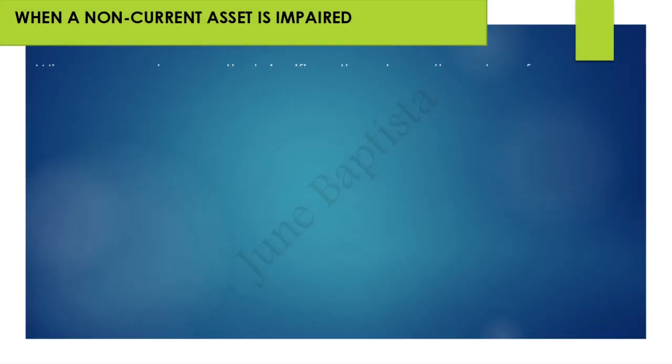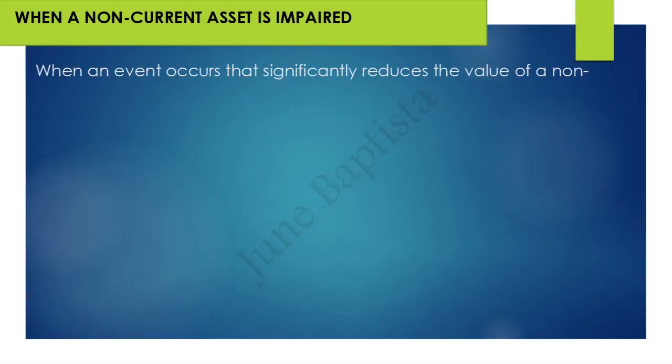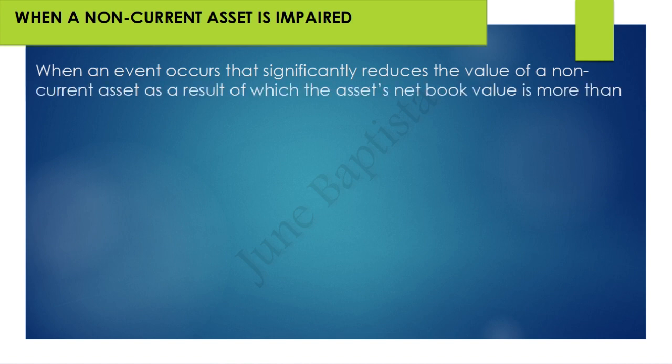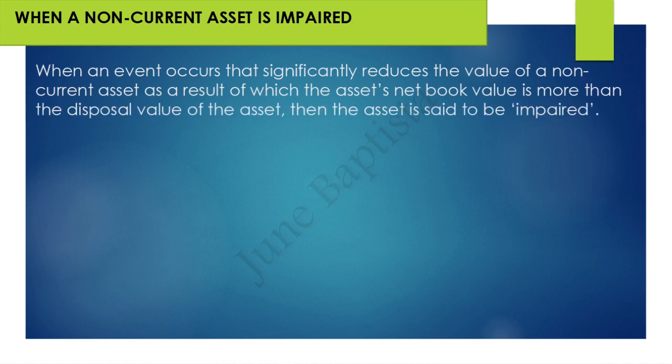Let us look at what happens when a non-current asset is said to be impaired. When an event occurs that significantly reduces the life of a non-current asset, as a result of which the asset's net book value is more than its disposable value, then the asset is said to be impaired.